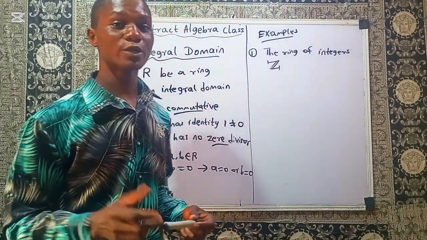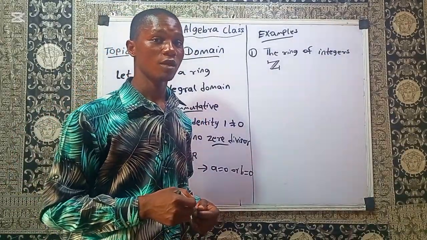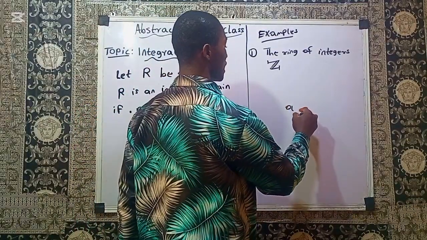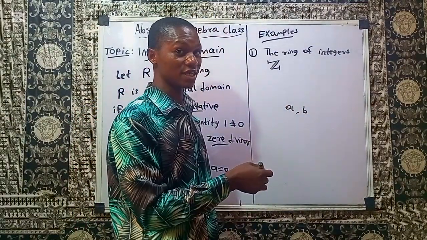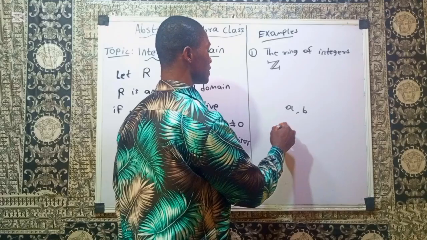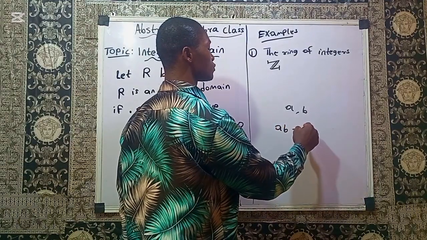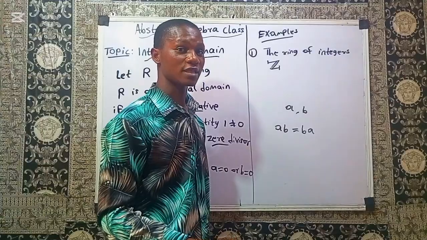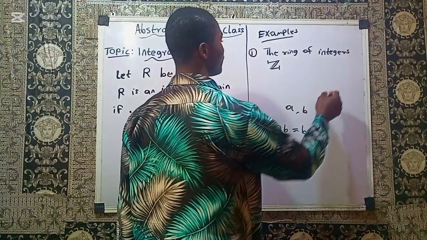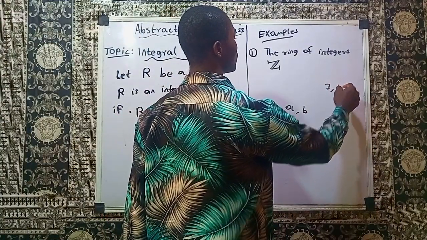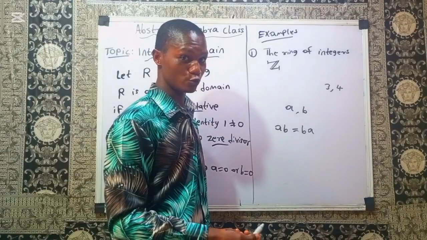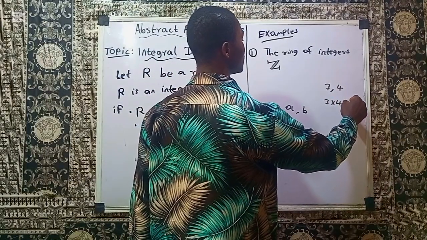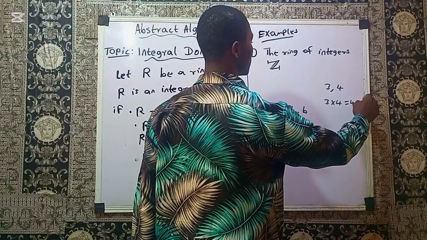If we pick two integers A and B, we know that A times B is equal to B times A. For instance, 3 and 4 are two integers, and 3 times 4 is equal to 4 times 3.